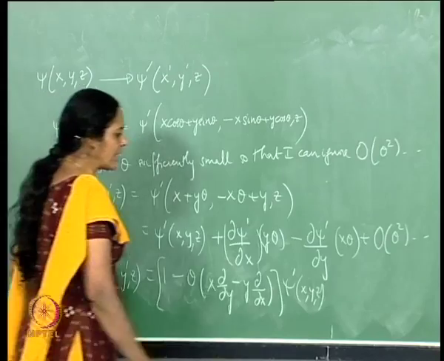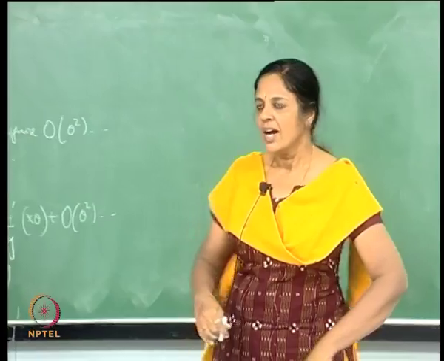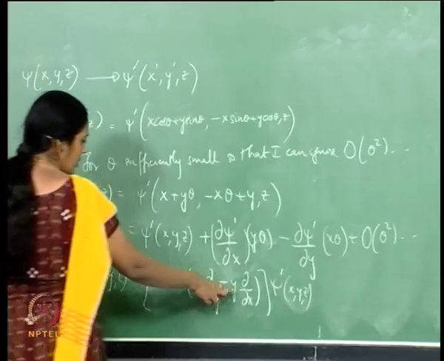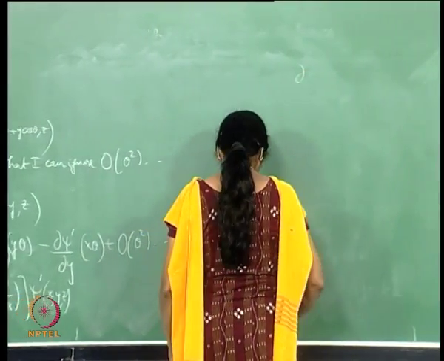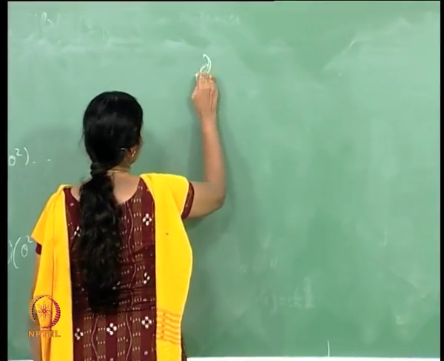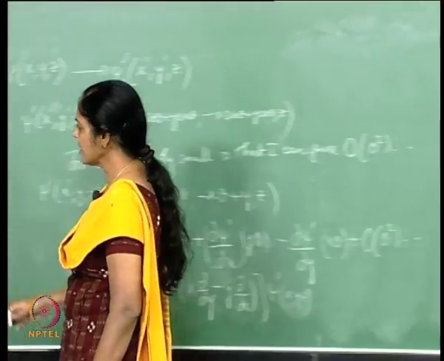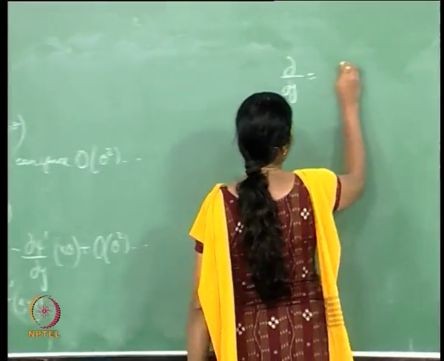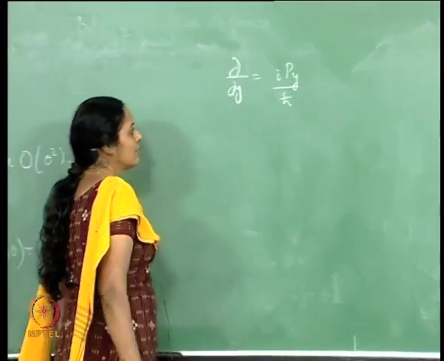If I retain the next term, the term proportional to theta squared, I will get the next term in the exponential series here. Consider this term, delta by delta y, in terms of what is written here, is simply i py by h cross.